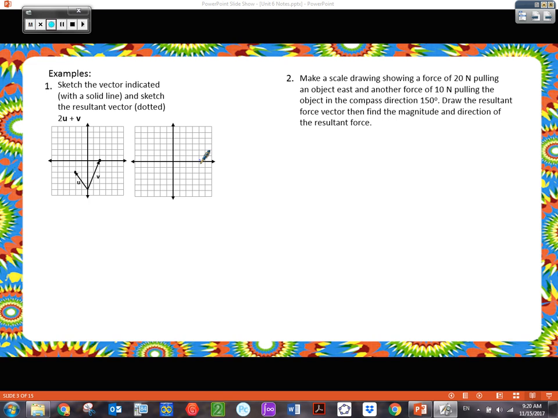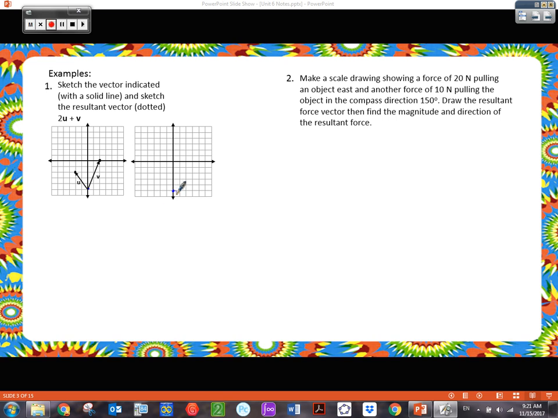What am I supposed to do? I'm supposed to double the length. So if I create vector u by going left 2 and up 3, I'm going to need to double that, aren't I?